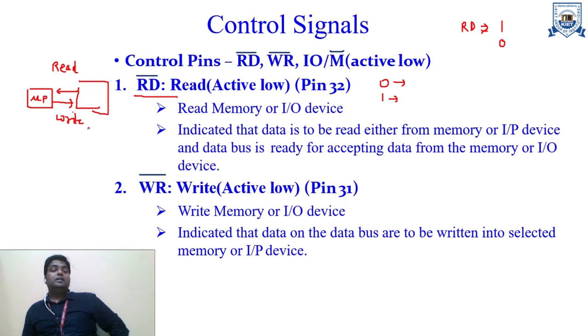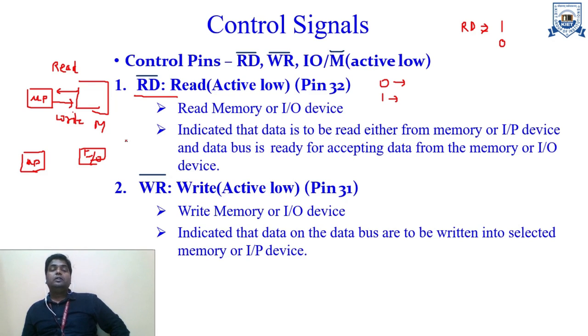Here, memory read and memory write operations are performed. In the same way, when the microprocessor communicates with the peripheral devices, or the input output devices, the read and write operations are known as input output read and input output write. So how can we find out whether the read and write operation is performed through the input output devices or through the memory?